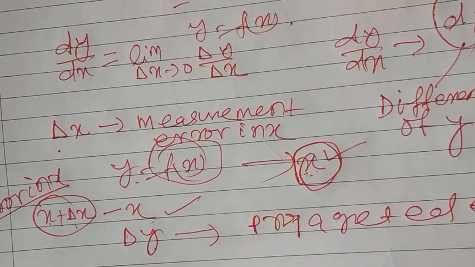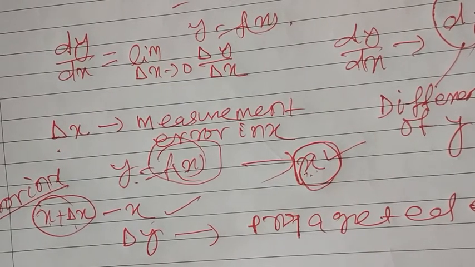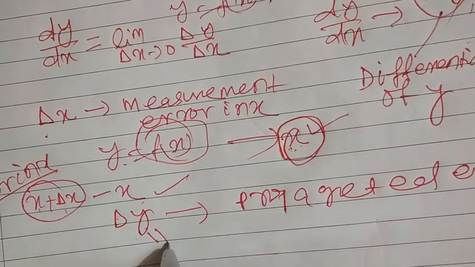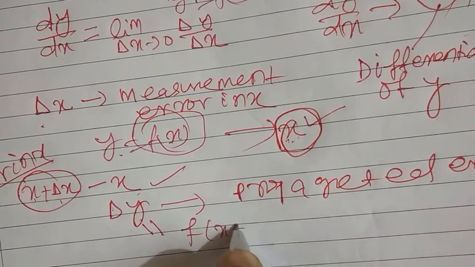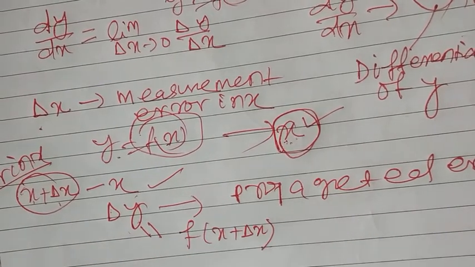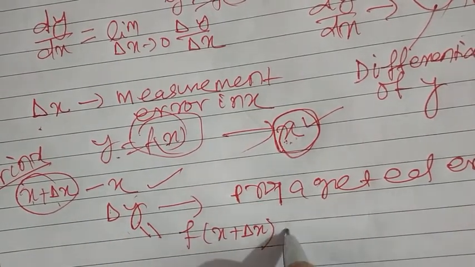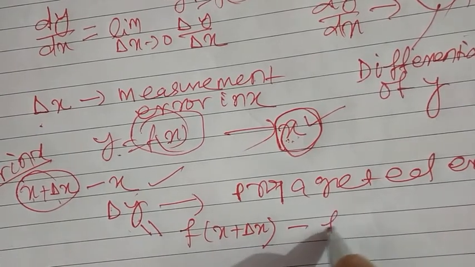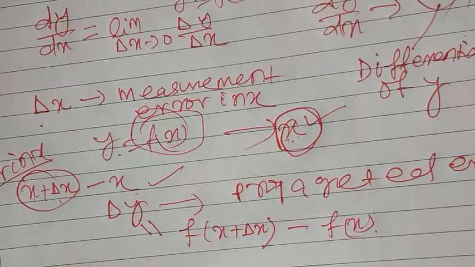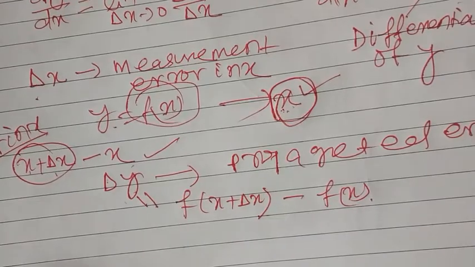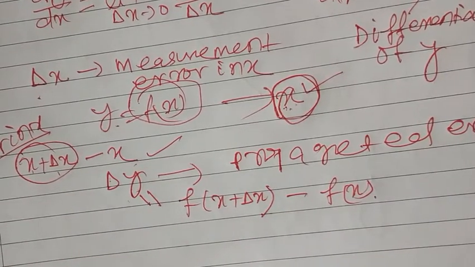Propagated error is of which variable? Of the dependent variable. Okay? How do I find this propagated error? It is nothing but f(x plus delta x), the measured value, minus the actual value f(x). Getting the idea? So this is the propagated error in y.